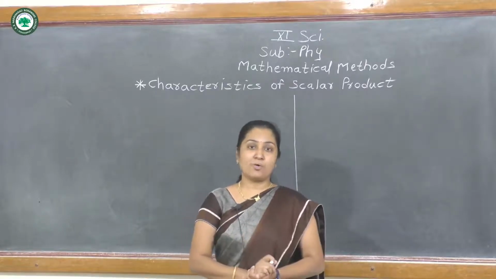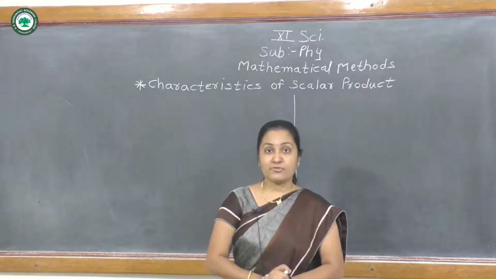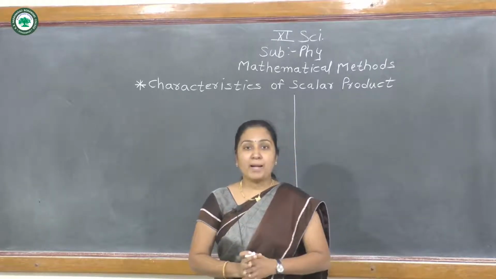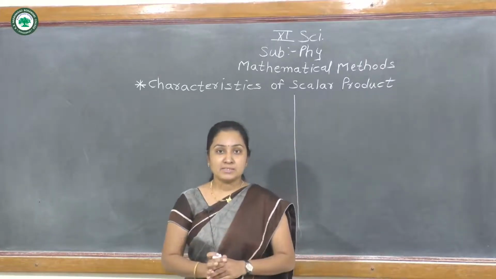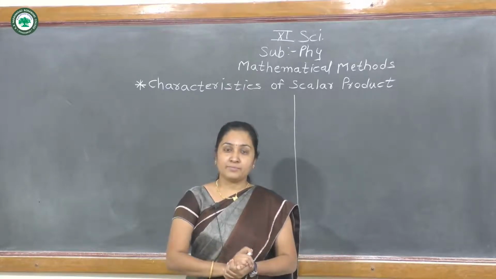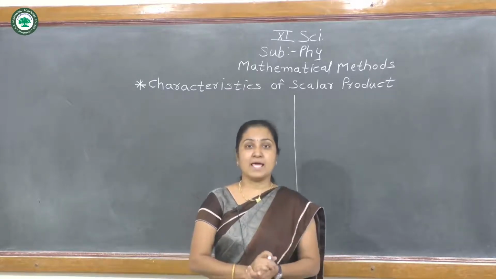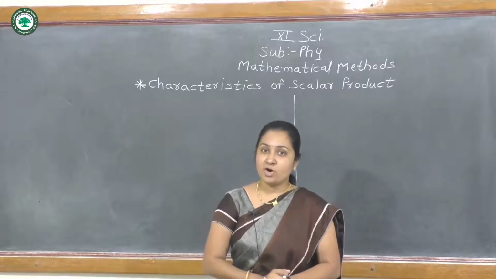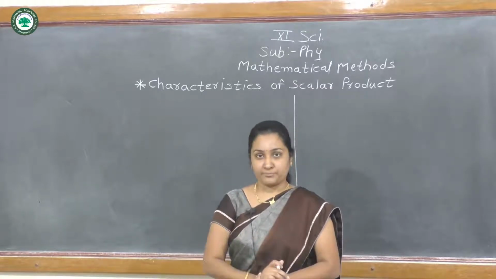So in scalar product or dot product, when we multiply two vectors, we get the product as a scalar, so it is called scalar product.